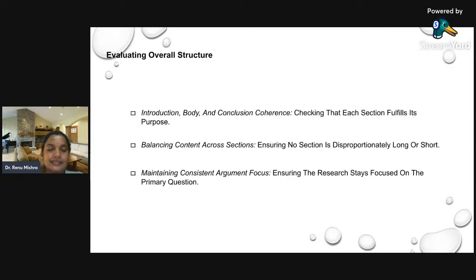Also, editing makes sure that no one section of your research work overpowers the other. Many researchers I have seen generally have a weaker hand in research methodology.